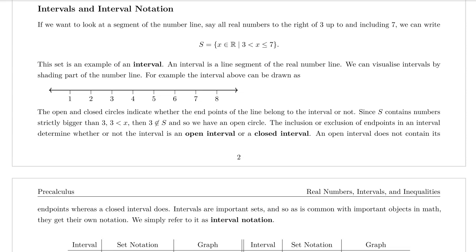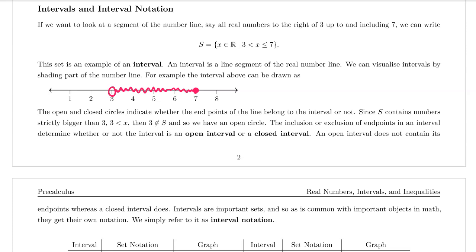For example, the interval above can be drawn as follows. I know that I want to include 7, so I'm going to place a closed circle on 7. And on 3, because we're not including 3 in the set, I'm going to place an open circle at 3. Our set also includes every number between 3 and 7, so I'm going to shade everything between those.